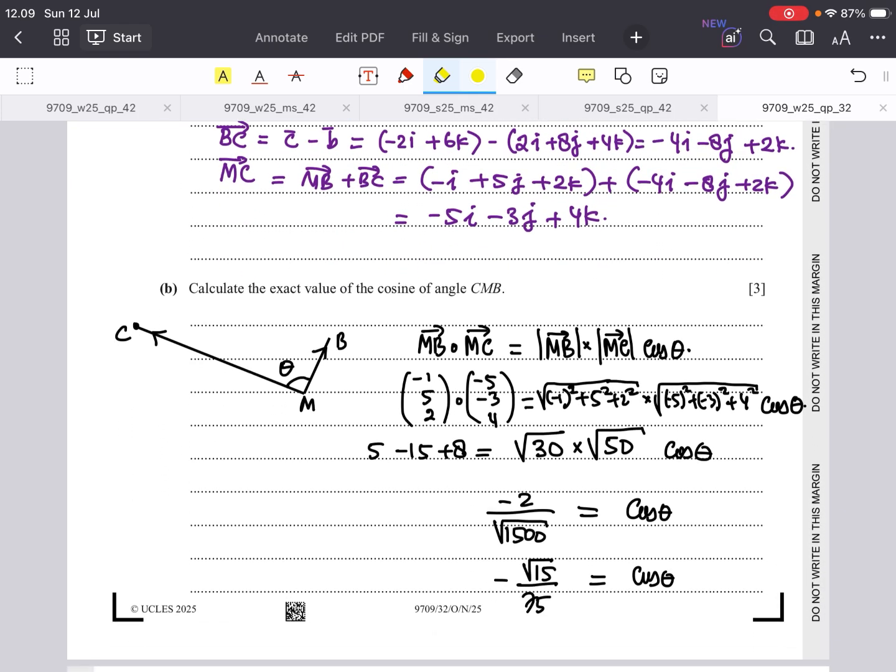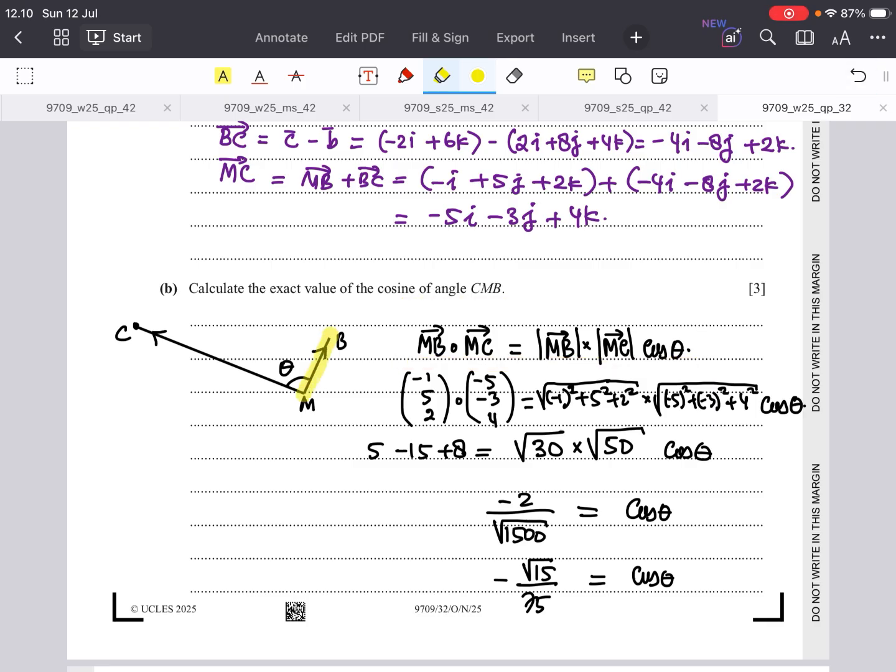Part B. Calculate the exact value of the cosine of angle CMB. So let's say angle CMB is theta here. So we are going to use scalar product to find cos theta.